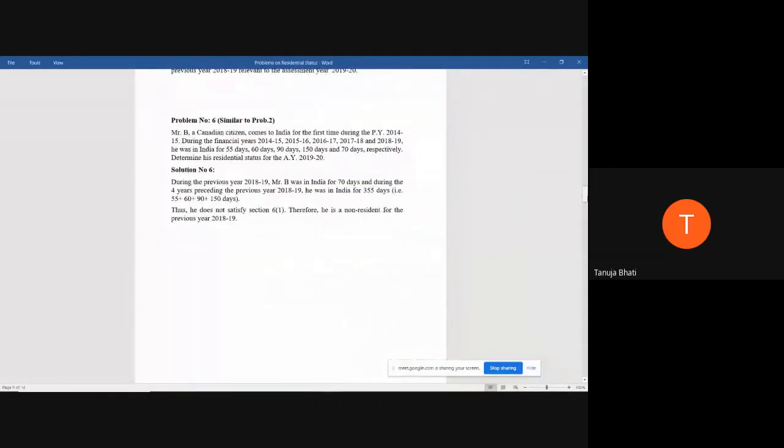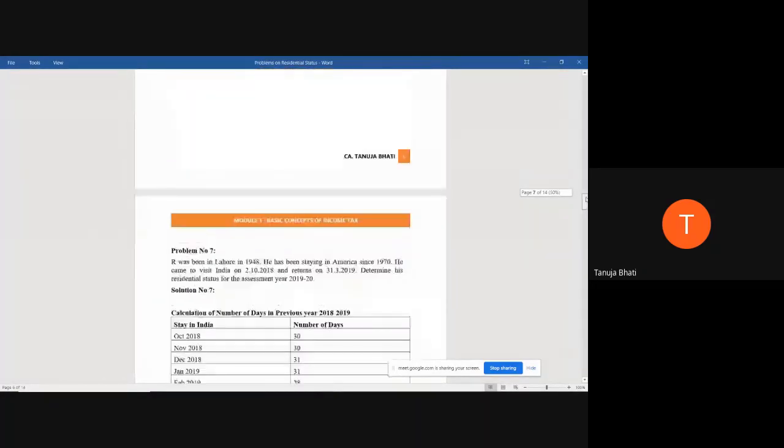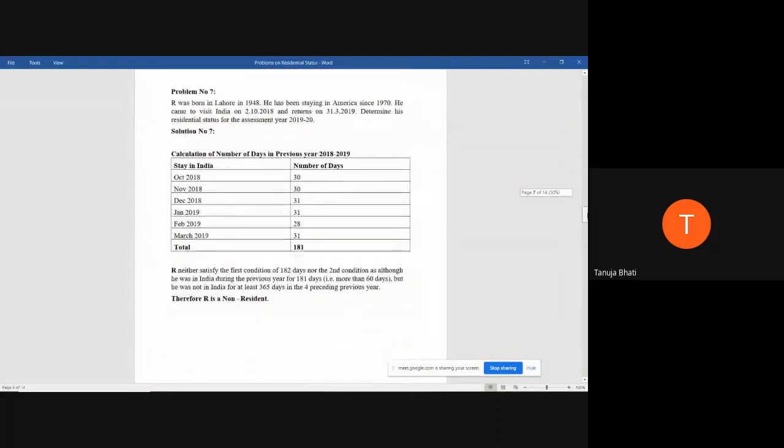In our previous class, we had completed up to problem number 6. Now moving ahead to problem number 7. R was born in Lahore in 1948. He was staying in America since 1970.